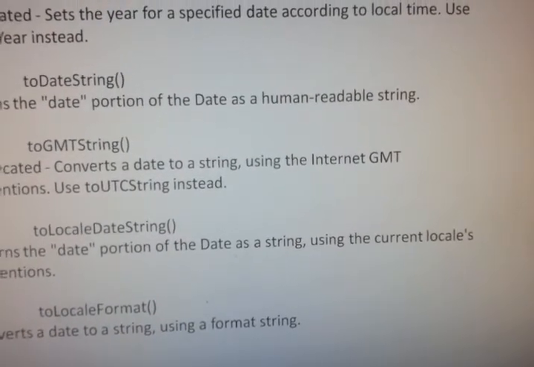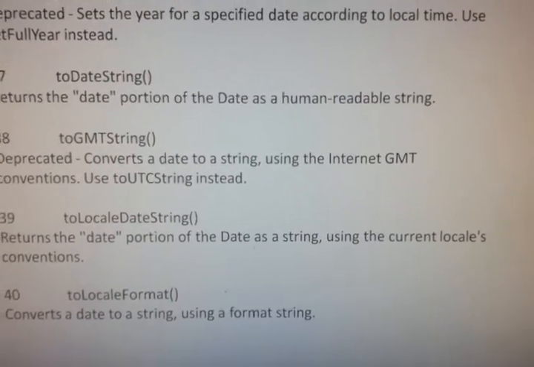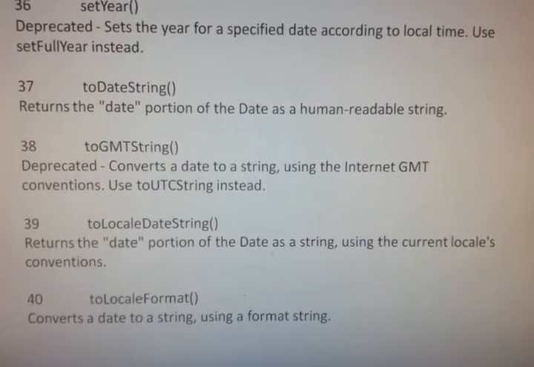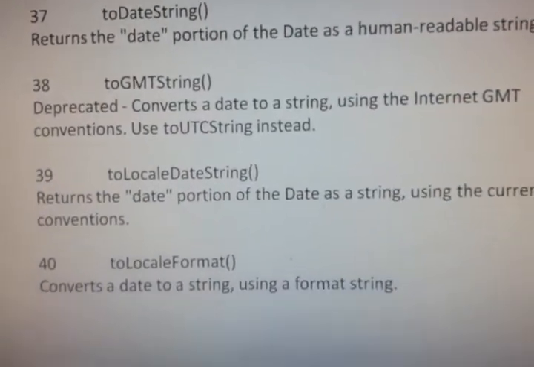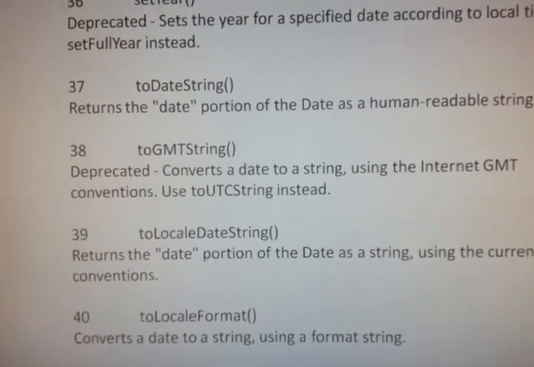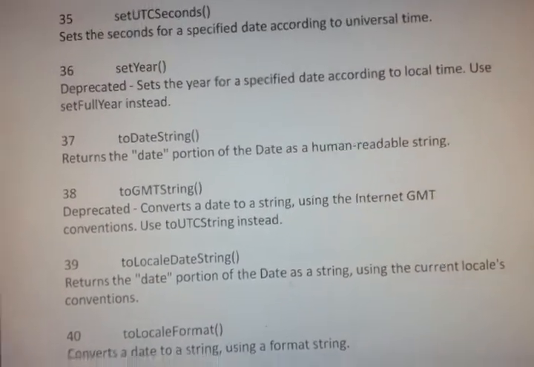We use toUTCString instead. Next method is toLocaleDateString method. What it does is it returns the date portion of the date as a string using the current local conventions.